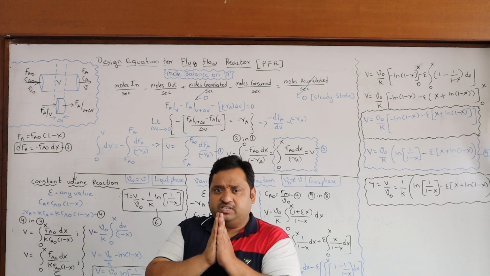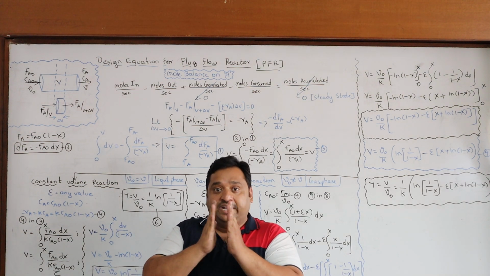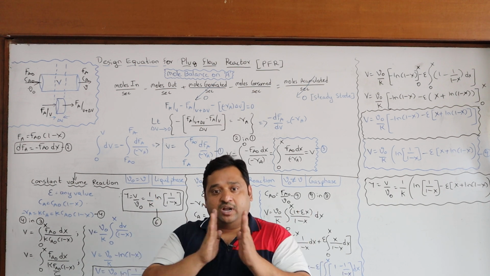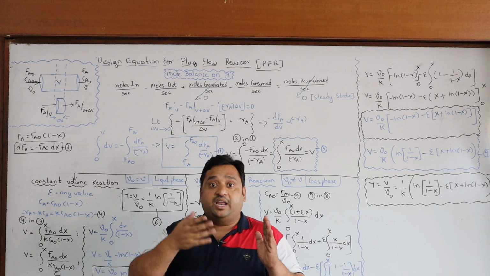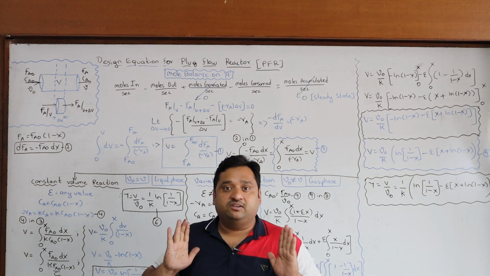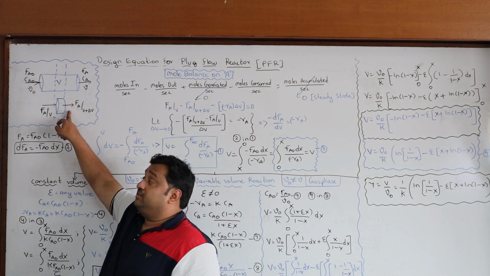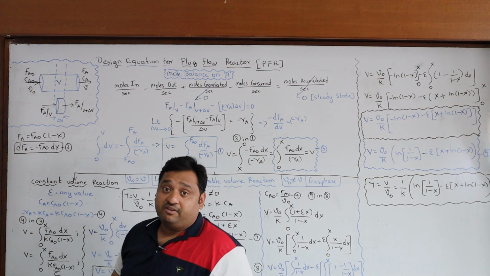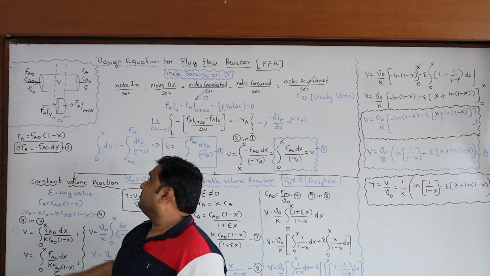You have to take a small, differential section, apply the mole balance on the small section, and integrate. If you integrate, it will automatically take the average over the entire reactor. So let us take a small section, this cut section of a differential volume delta V or dV, whichever you prefer.